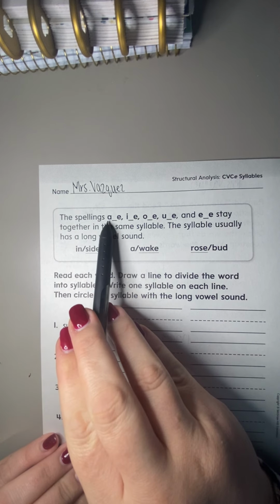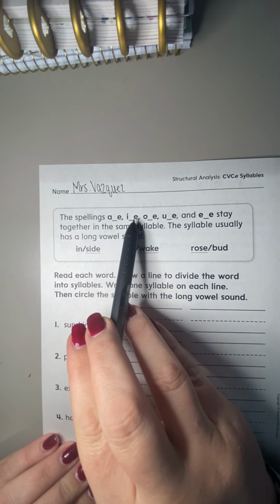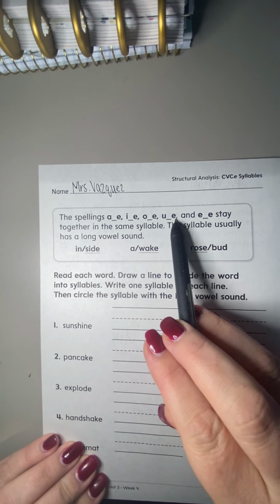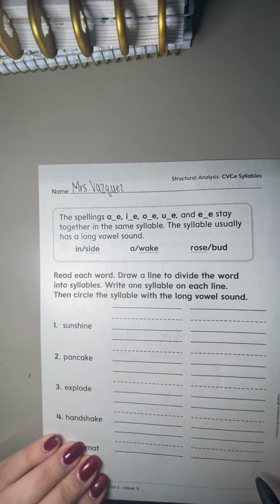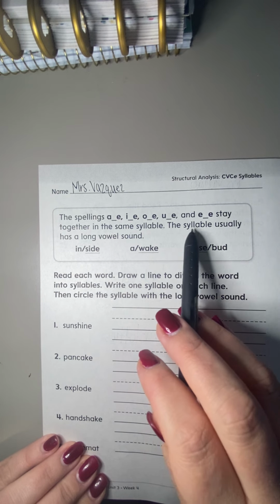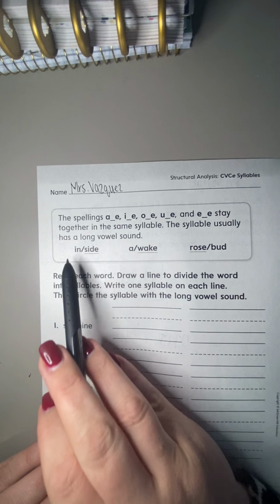The spellings A, E, I, E, O, E, U, E, and E, E stay together in the same syllable. Remember, a syllable is a sound. The syllable usually has a long vowel sound.